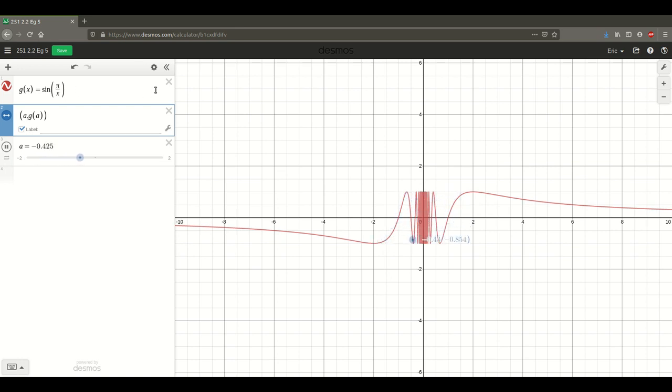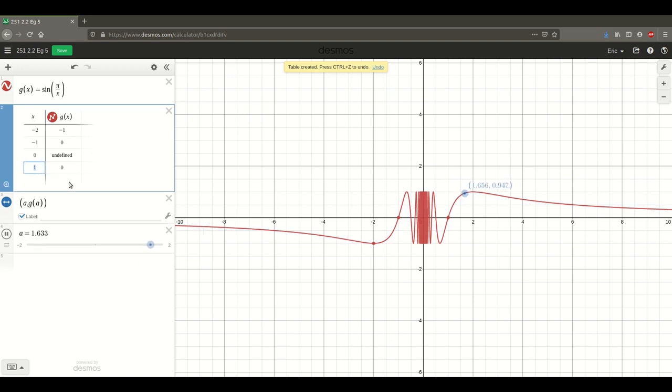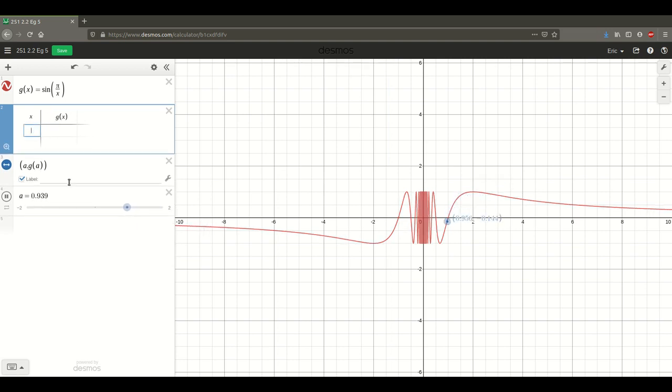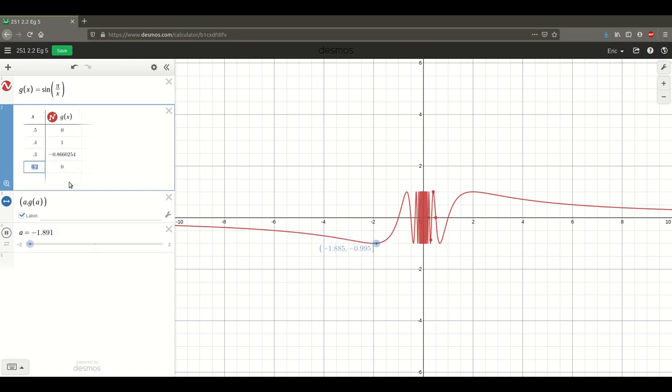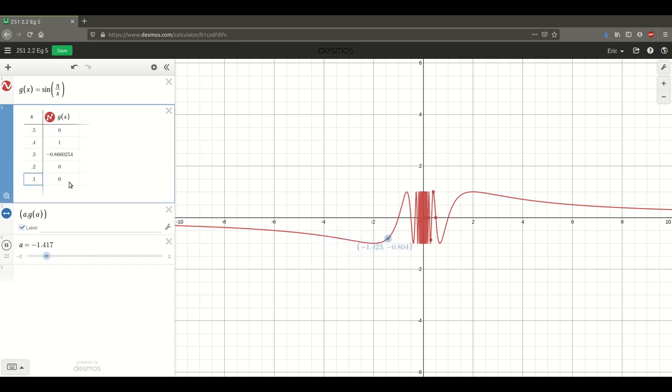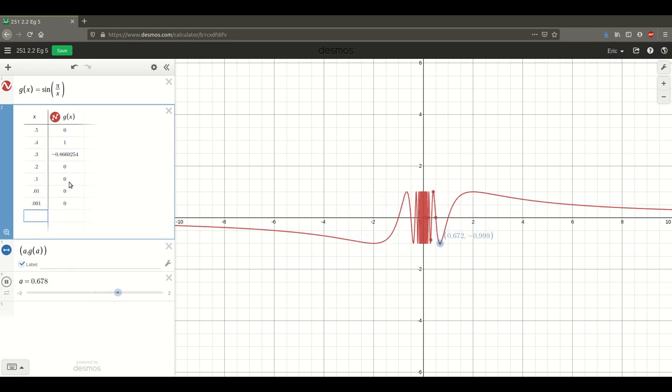In fact, I bet you that if we go like this, let's plug in some values close to 0 and see what happens. We can plug in 0.5, 0.4, 0.3, 0.2, 0.1, 0.01, 0.001.